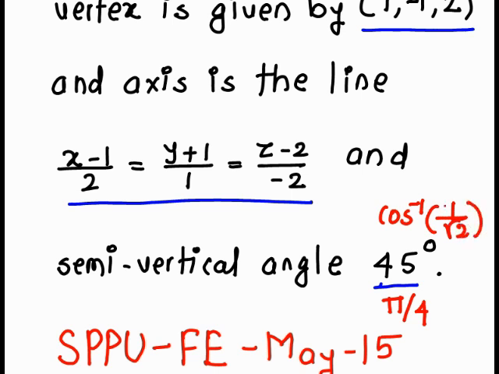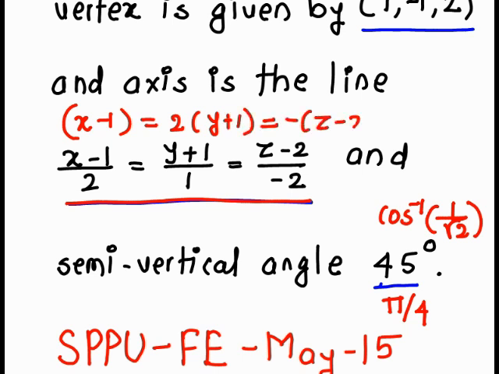One more thing, this equation of an axis can be written as x minus 1 is equal to 2 times y plus 1 is equal to minus z minus 2. If you replace this with this, you get one more new question.